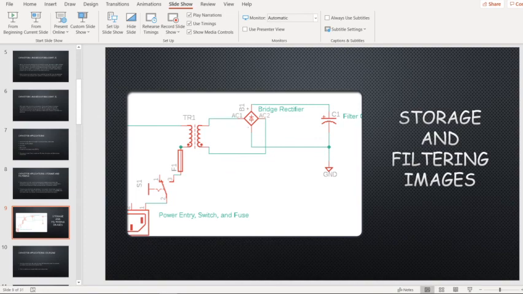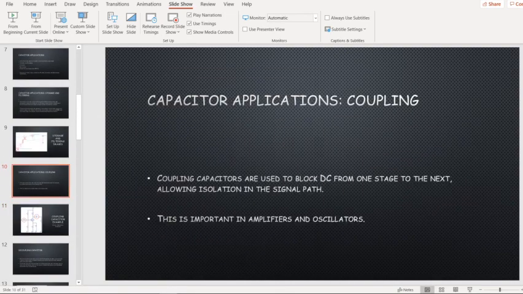So, this is the next one here, and we're going to start talking about coupling capacitors. A coupling capacitor is used to block DC and pass AC from one section to the other. Essentially, it will isolate stages in, say, an amplifier.